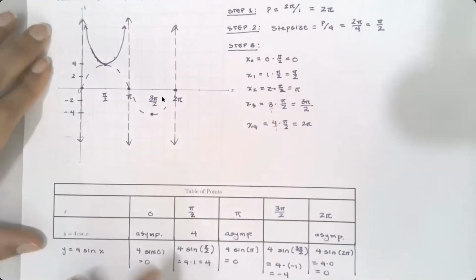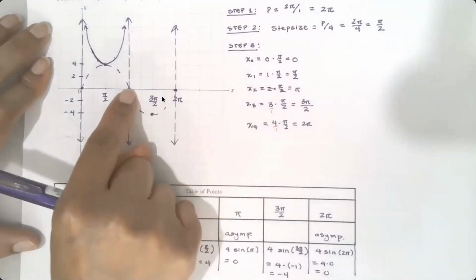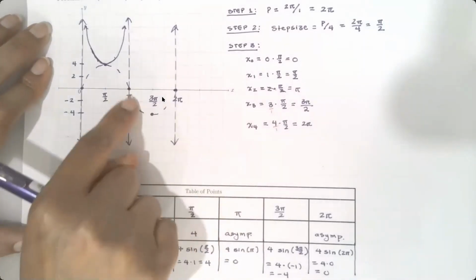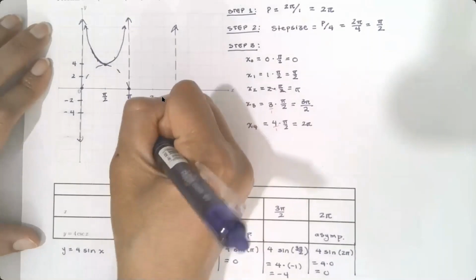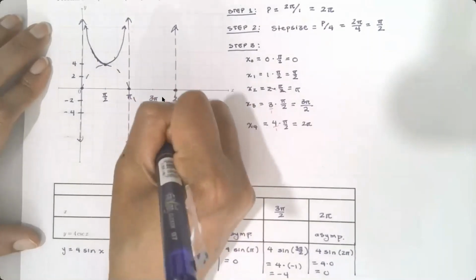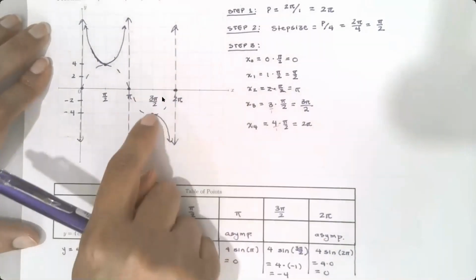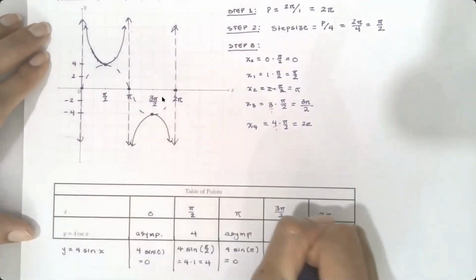Now, between pi and 2 pi, we have the shape of the reference graph facing up. So that means that at this point, we're going to have a parabola facing down with the vertex at 3 pi over 2 comma negative 4. So this would be negative 4 as well.